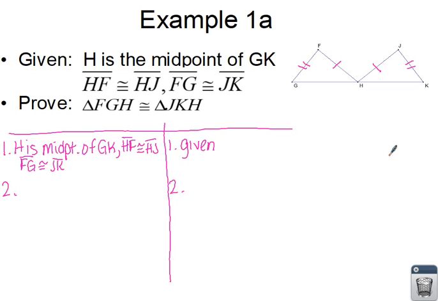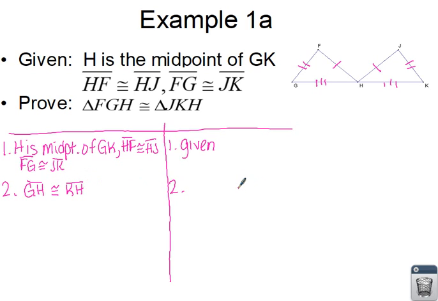So right now our triangles have two sides in common. So if H is the midpoint of GK, that means it's in the middle of GK. That means it cuts that segment in half, creates two equal halves. So we can say GH is congruent to KH.